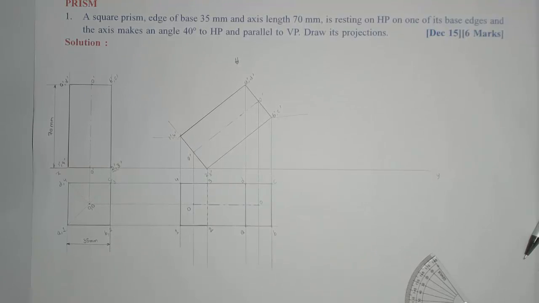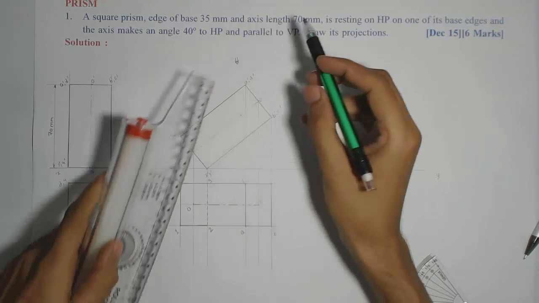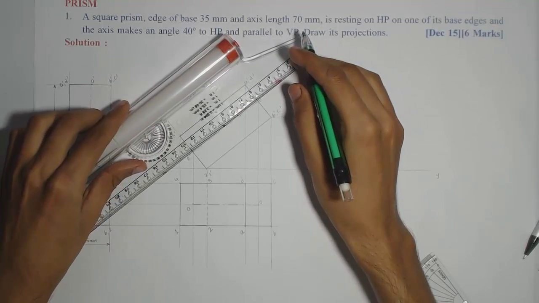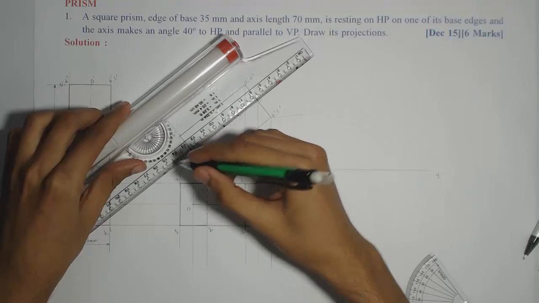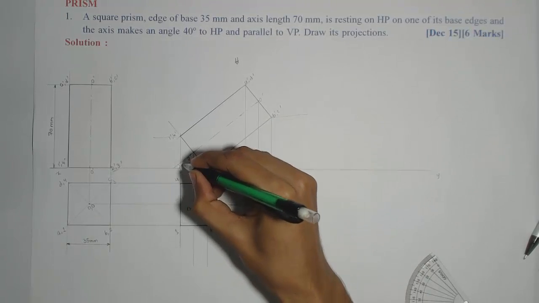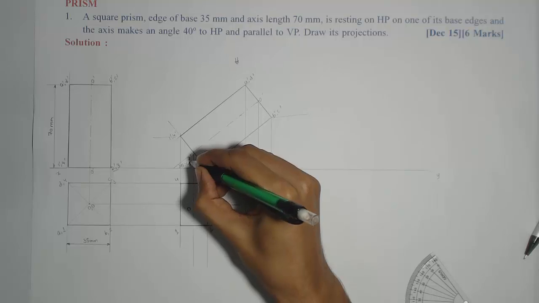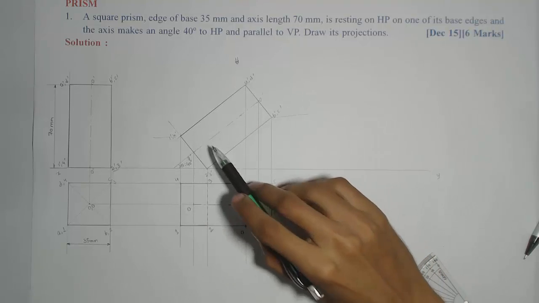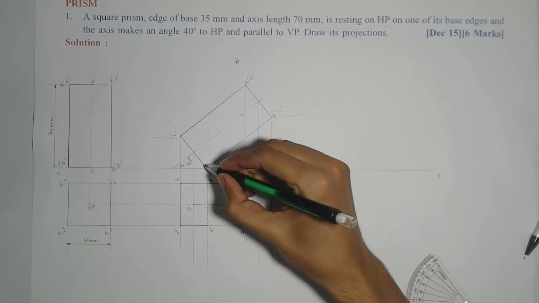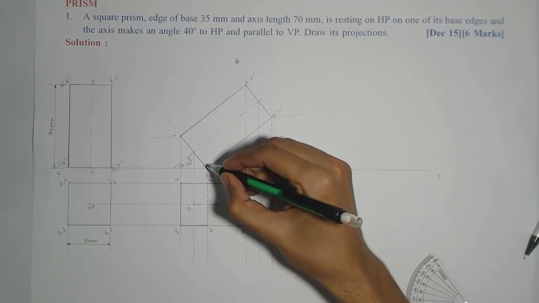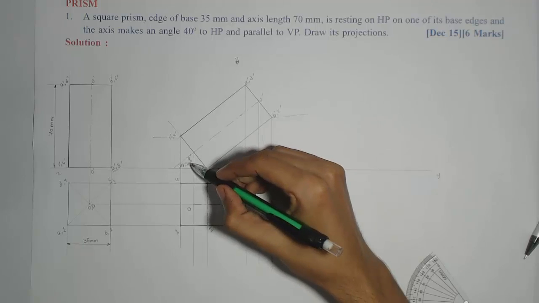Now, in addition to this, I'll show this angle 40 degree. So I'll just extend this axis to show that angle. So I'll show theta as 40 degree here. Now, but remember, we first draw this inclination, which is 50 degree, because the axis is making 40 degrees.